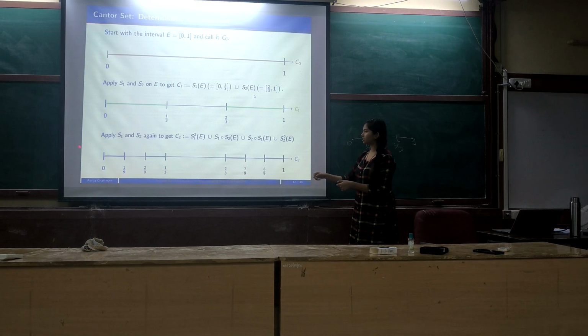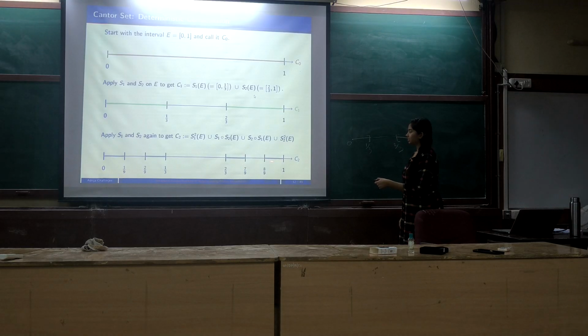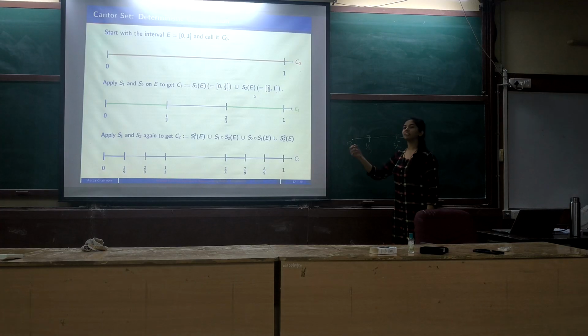First I applied the iterations to this set. Now I will apply the iterations to this set. So here when you shorten it, you go to [2/9, 1/3], and then you again shift it, so it maps to [8/9, 1]. Then you keep on repeating this for all the sets at each iteration, and the limiting set will be your Cantor set.